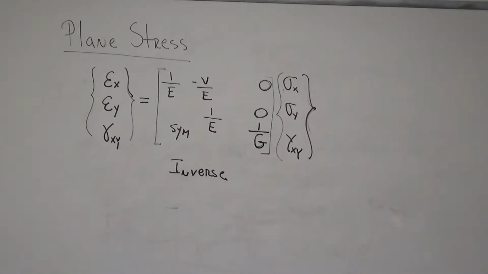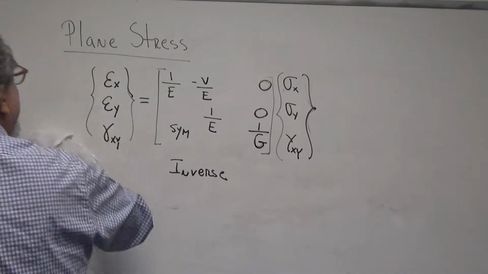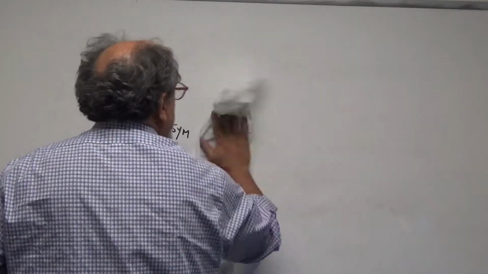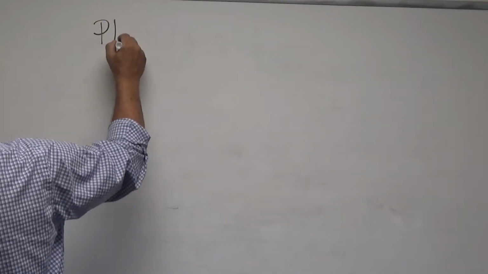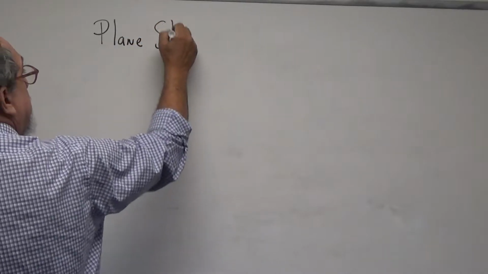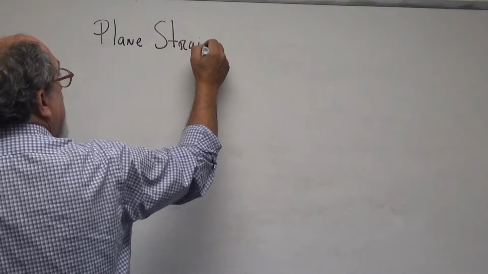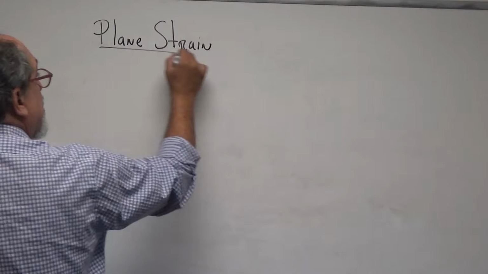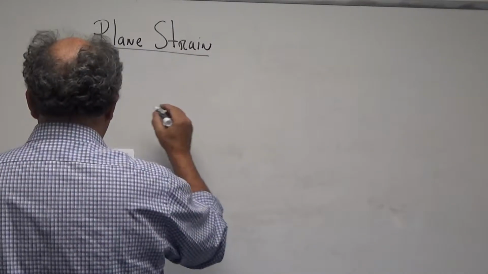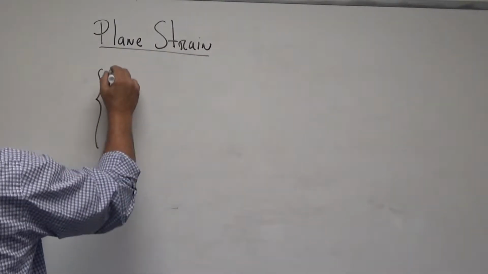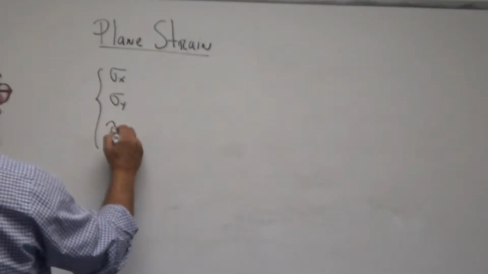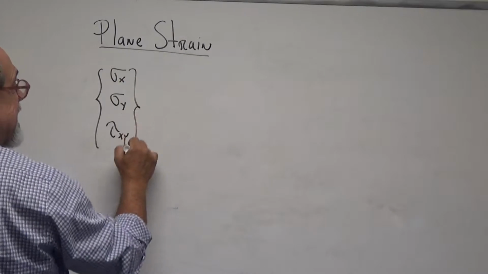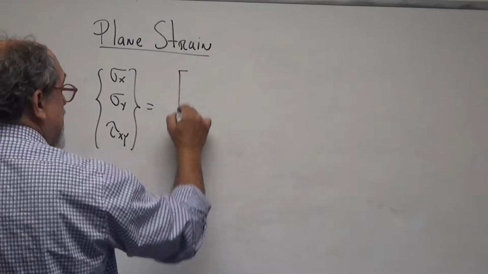Now, when the material is very thick, then we make an idealization. We can still work in the plane, but we make the idealization that we refer to as plane strain. We did this in class also, but putting it in the simplest form, sigma x, sigma y, and tau xy relate to the strains.